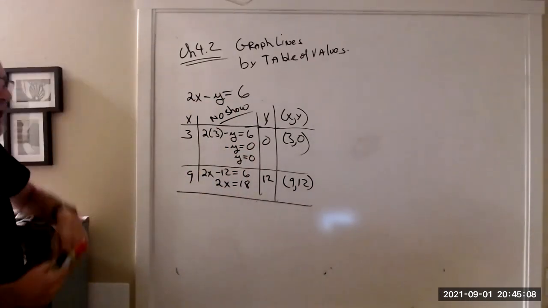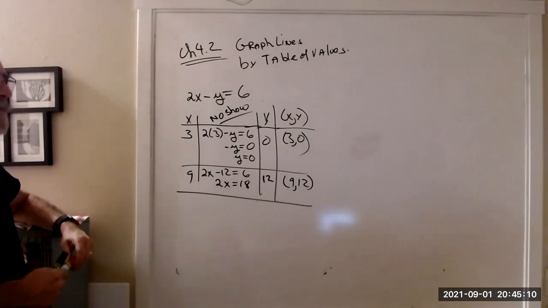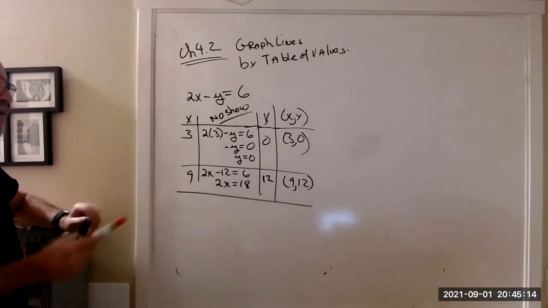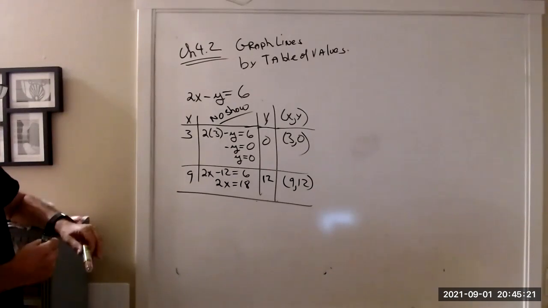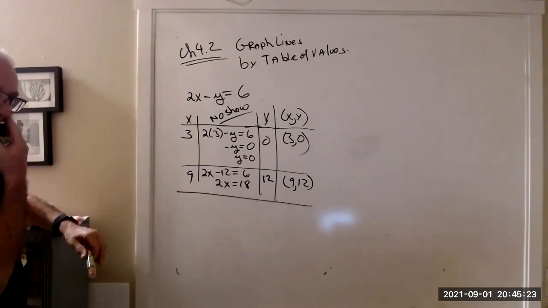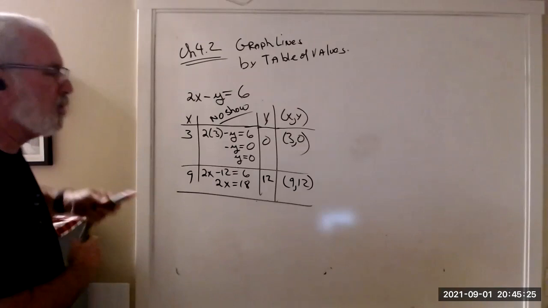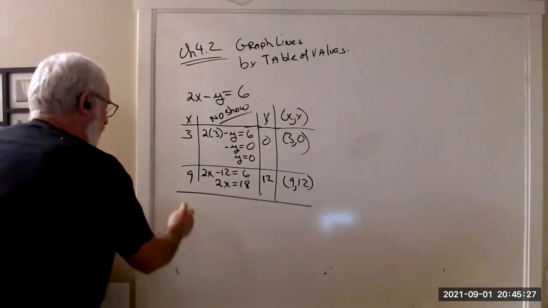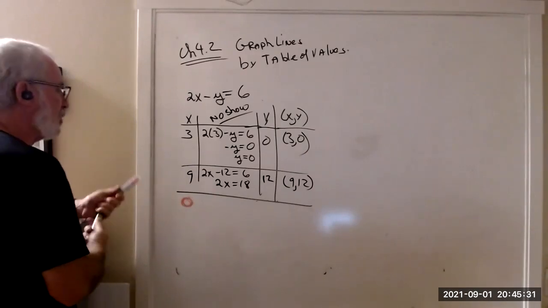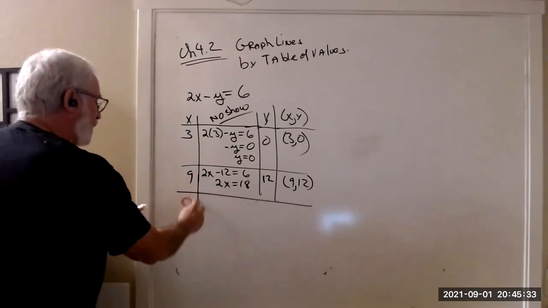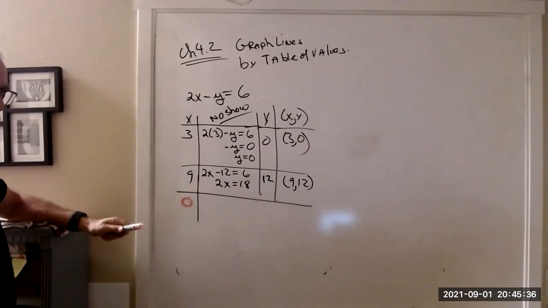And other times she'll just say, hey, pick some on your own. Well, let me give you a little hint. If you're allowed to pick something on your own, almost always pick 0. If x is 0, it makes your arithmetic easier.